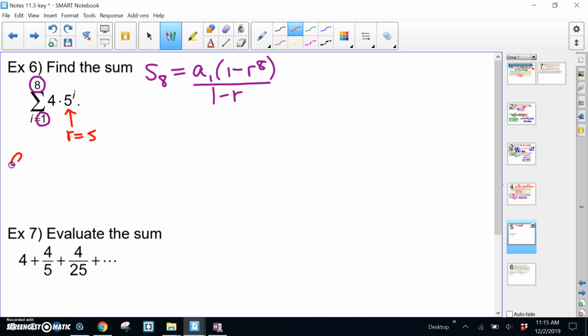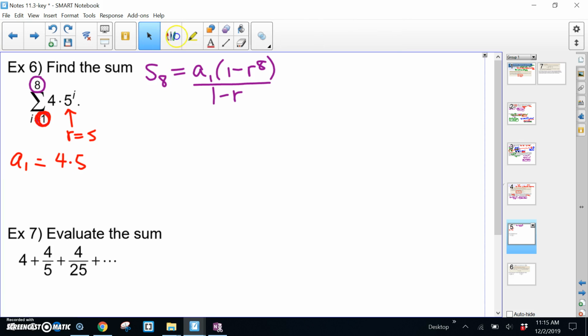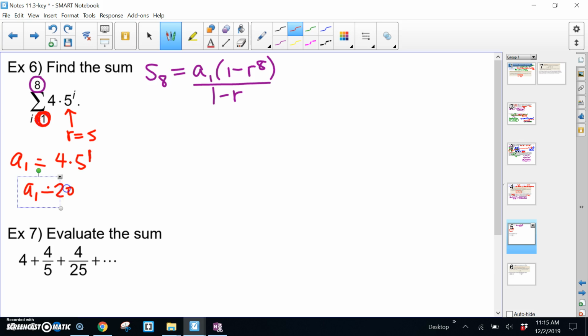The first term is found by plugging in that first number right there. So plug in a 1. 4 times 5 to the first. 4 times 5, that's 20. So A1 equals 20.